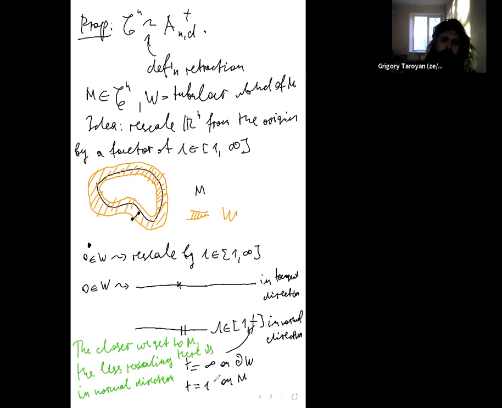Can you maybe repeat once again what in principle happens to a given submanifold? So what affine subspace corresponds to a given manifold?